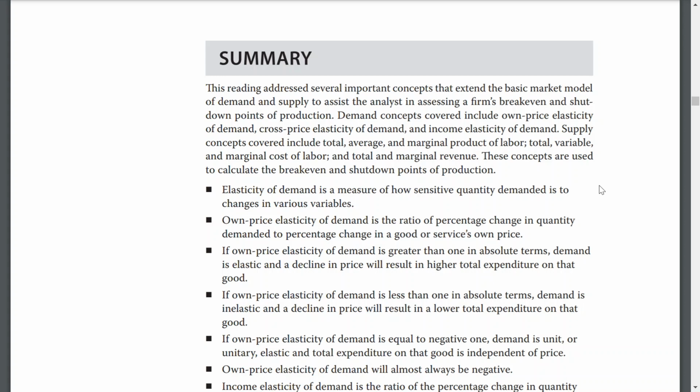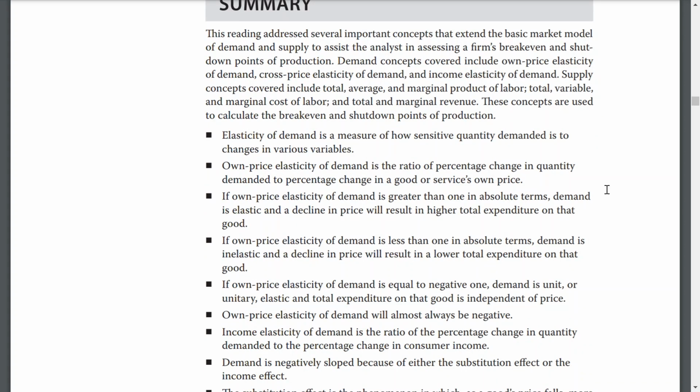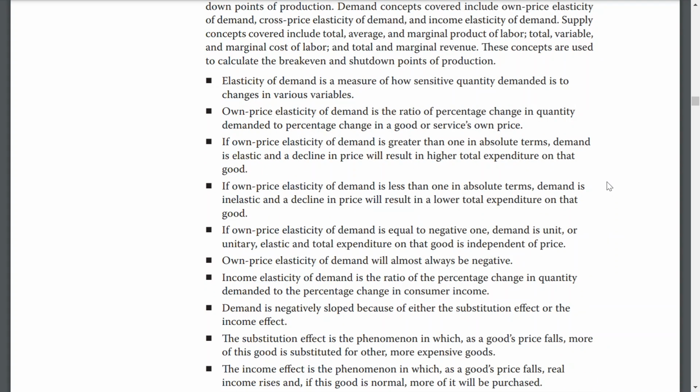Elasticity of demand is a measure of how sensitive quantity demanded is to changes in various variables. Own price elasticity of demand is the ratio of the percentage change in quantity demanded to the percentage change in price of the good or service. If own price elasticity of demand is greater than 1 in absolute terms, demand is elastic, and a decline in price will result in higher total expenditure on the good.